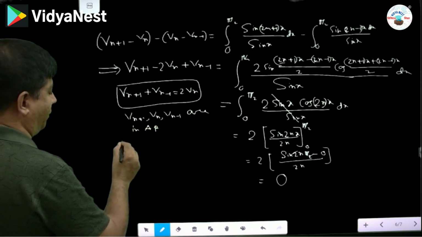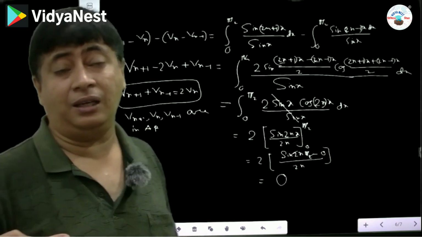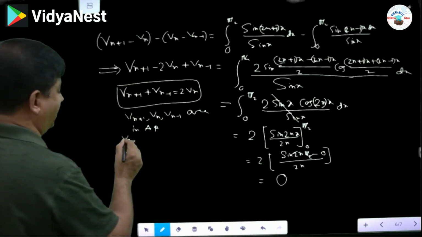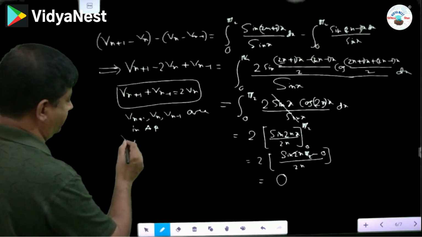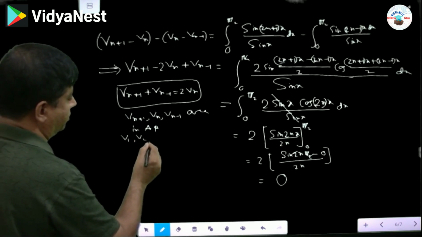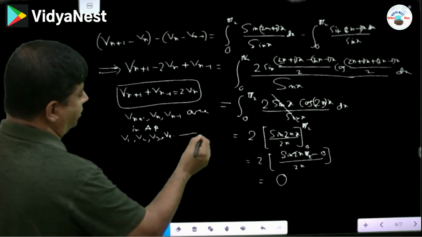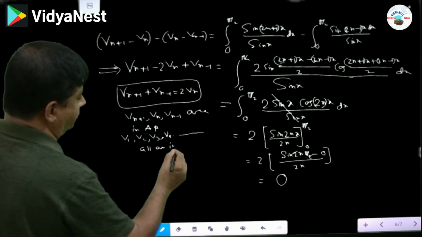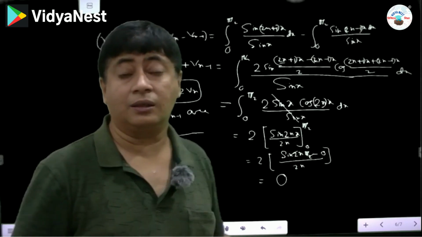Yes, therefore, if you keep on putting the value of n from 1 to any natural number, you will get V1, V2, V3, V4, all are in AP. So we have got one AP series.